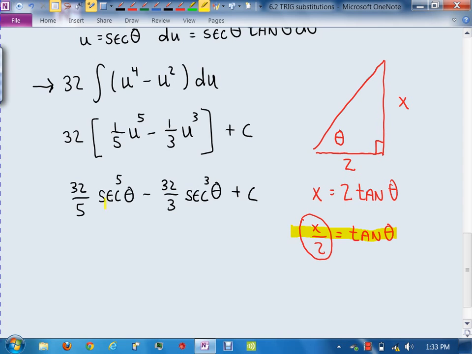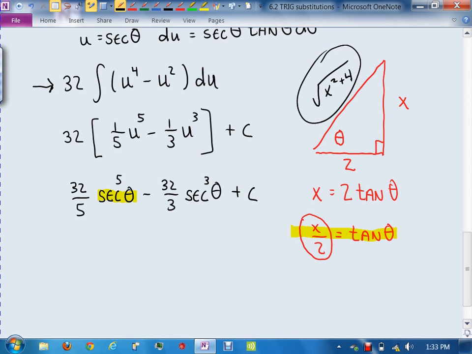Now what is it that we want to know here? What's secant theta? Secant is the reciprocal of cosine. Cosine is adjacent over hypotenuse, right? So we want hypotenuse over adjacent. Can you tell me what the hypotenuse of that triangle is? Pythagorean theorem will tell us the square root of x squared plus 4, isn't it? A squared plus b squared equals c squared, so c equals the square root of a squared plus b squared.